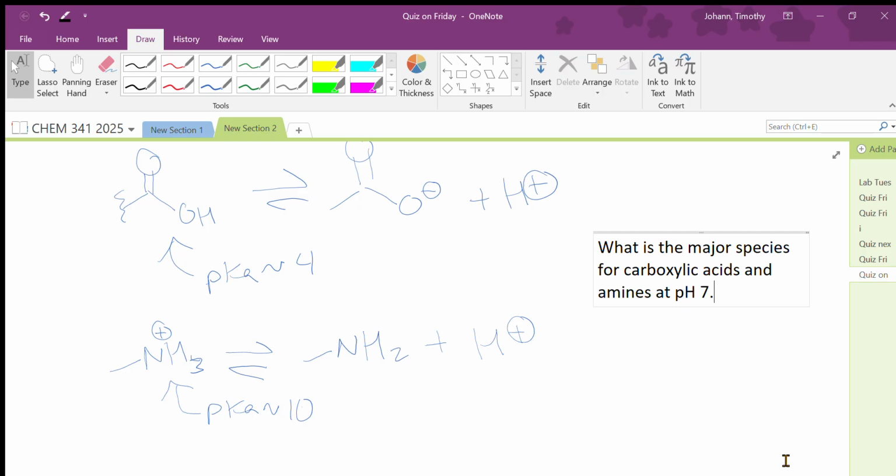Anybody think they've got it? Lorenzo? Okay, is it the neutral species for each one? I'm thinking not. Yeah. The carboxylate, and then the amine on the left, the positively charged amine, the protonated form. Right, right.